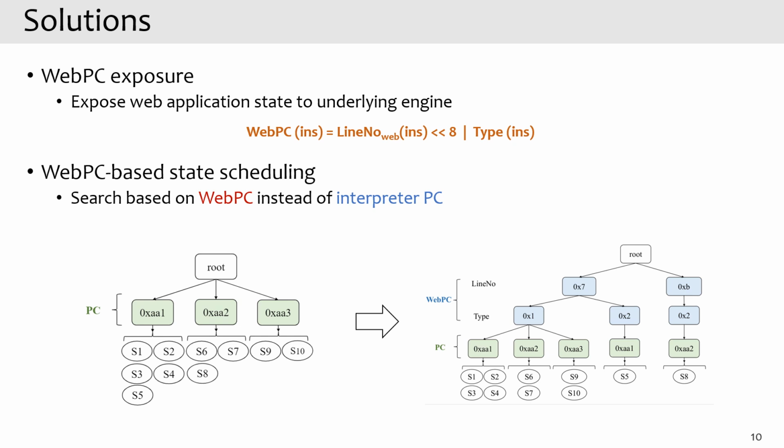As shown in the figure, originally, by searching according to the interpreter PC value, the program would cluster the program states as on the left-hand side. By using additional web PC states, we can better schedule the different program states for the symbolic execution engine.